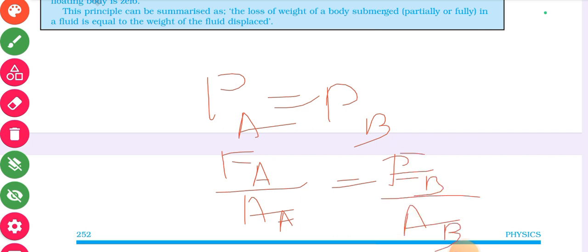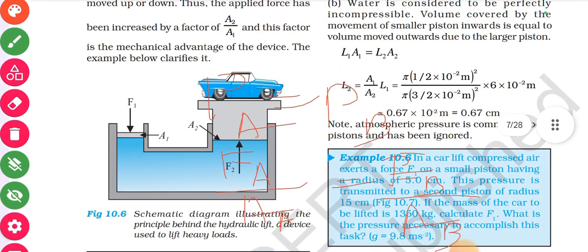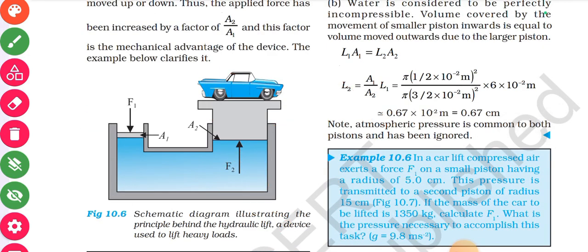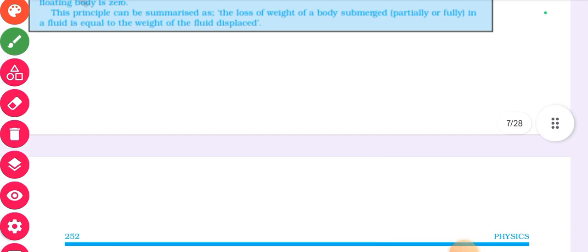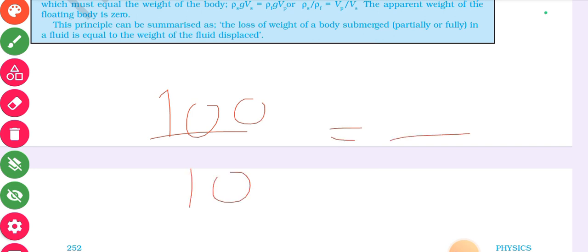So you see, the area in this case is more, and the area in this case is less. So you can do the calculation here. I'll take an example. Suppose I have applied a force of 10, or 100. The area here is 10, and the ratio should be equal, the area there being 20.